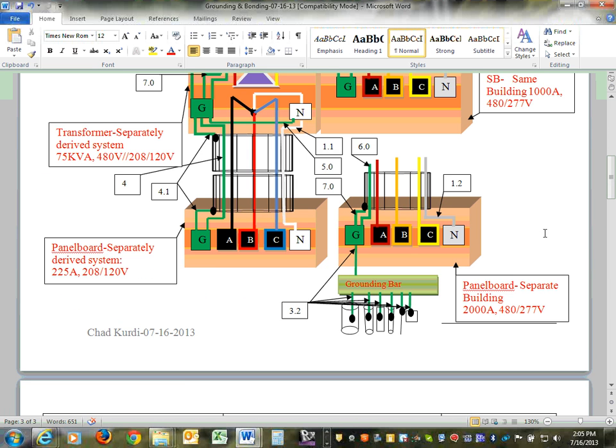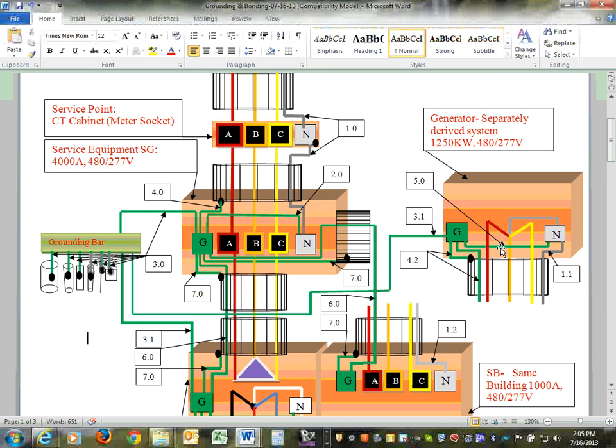So the first thing you do when you have a generator running a separately derived system, I need to bond my neutral to the ground inside the generator. I bond them together. I have a 4-wire system coming out of this generator, 480/277. Then, since it's a separately derived system, I need to take a wire 3.0 to the grounding electrode system in your building.